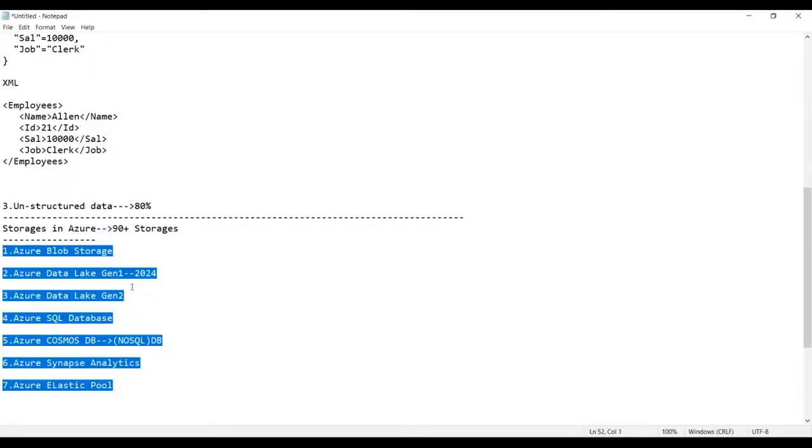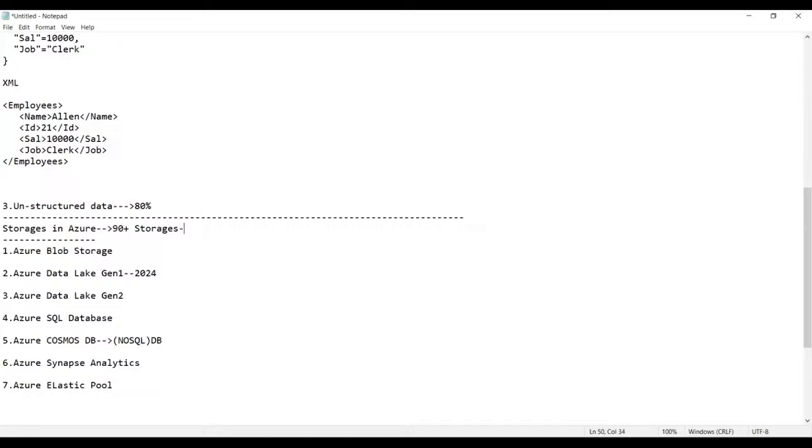And these storages can be used by all the services of Azure, whether it is ADF or ADB or Synapse or machine learning or artificial intelligence, any kind of thing you have, we can use it here.